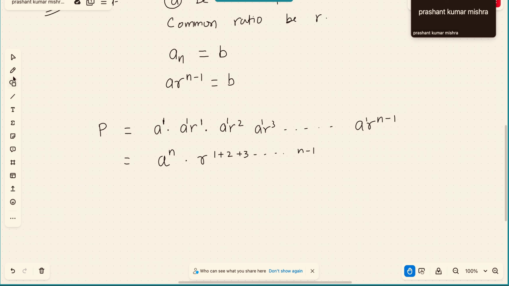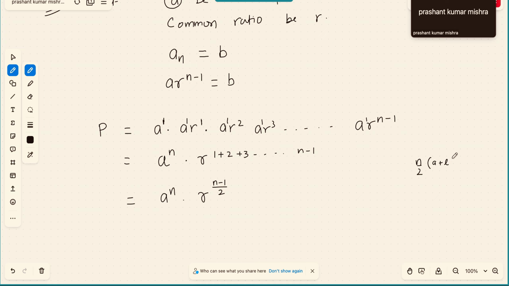Now this will be A raised to the power n, and the power of R is the sum of the terms 1 plus 2 up to n minus 1, which is in AP, so we can apply the AP formula. The sum is the number of terms over 2, times first term plus last term.